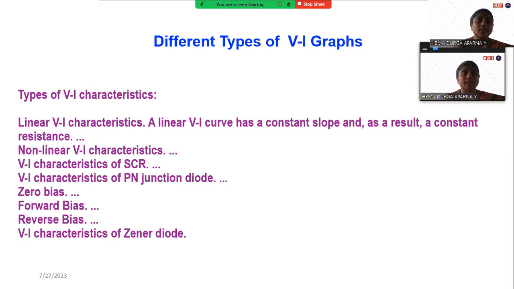And what are the conditions of VI characteristics when it is zero bias, that means when no biasing is given to the device, when the diode is forward biased, as well as when the diode is reverse biased. And we will come to know the VI characteristics of a special type of diode known as Zener diode.